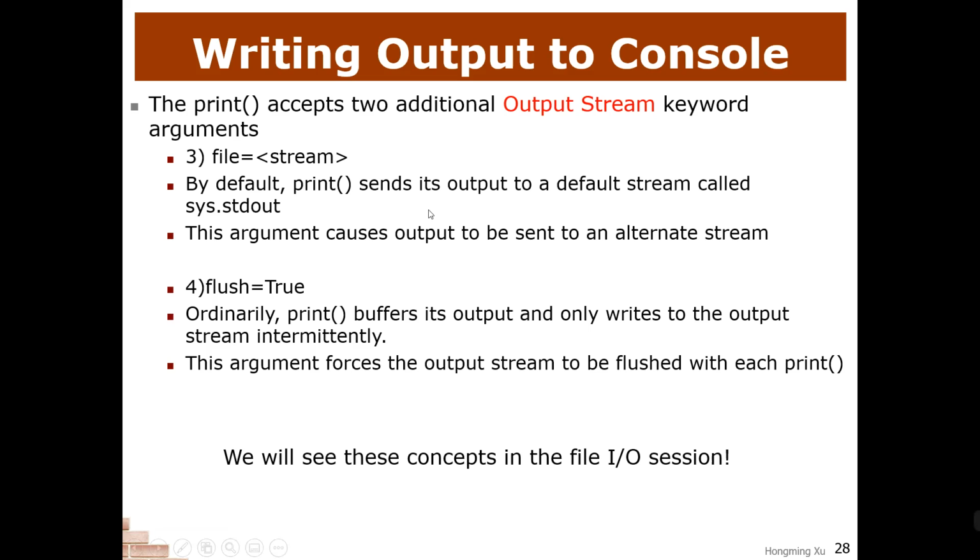So here you just need to know we can have these two more keyword arguments for the print function. Later in the file input output session, I will explain more about this stream concept in Python.